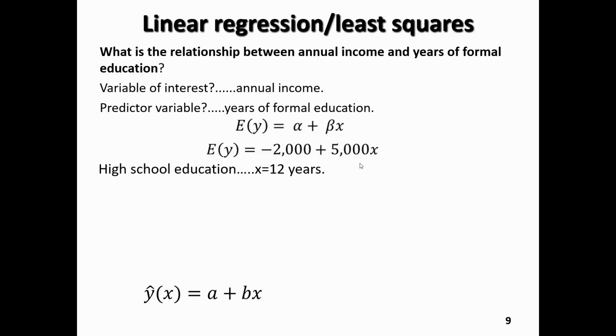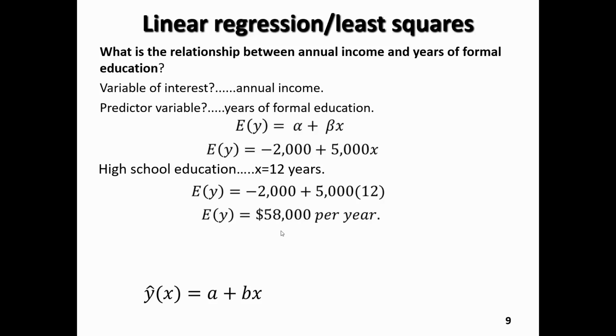So with this example, if we have a person with 12 years of formal education, that would take them through high school, we might enter a 12 into the X here, and given these two population parameters, we run the math and we'll come out with an expected value of Y of $58,000 per year.